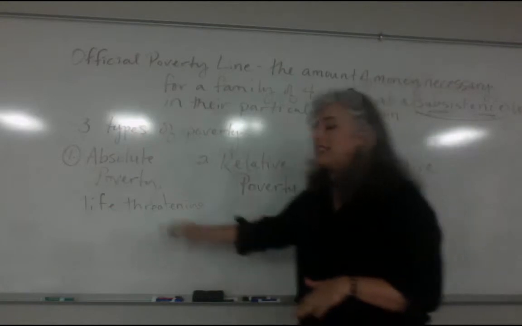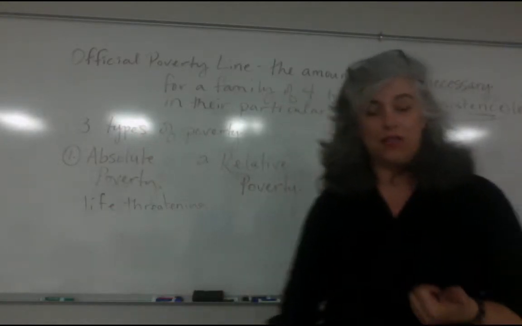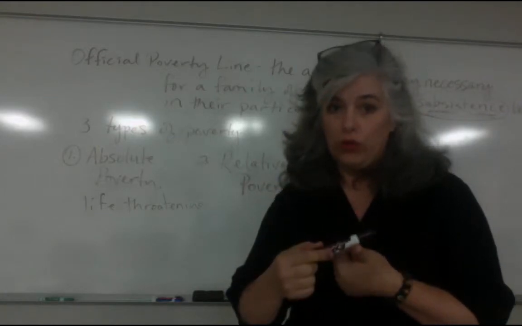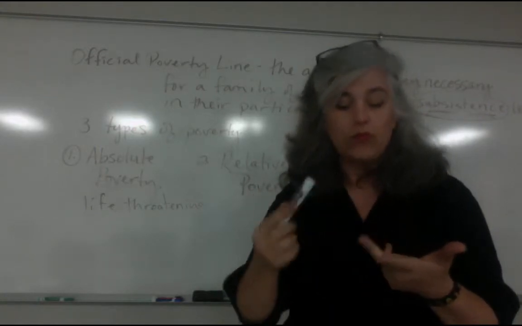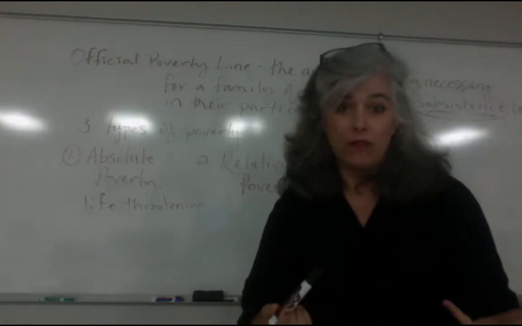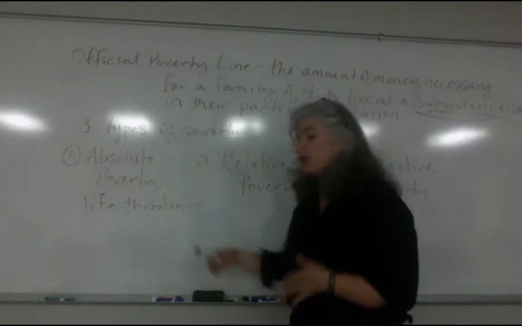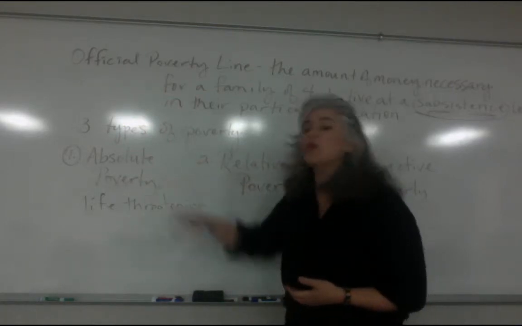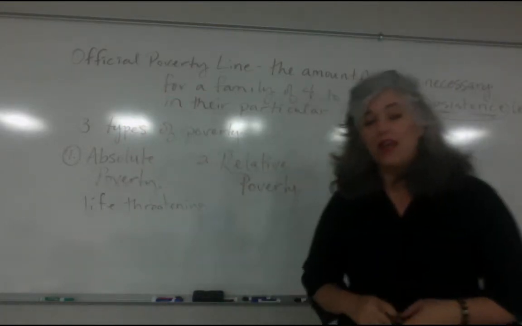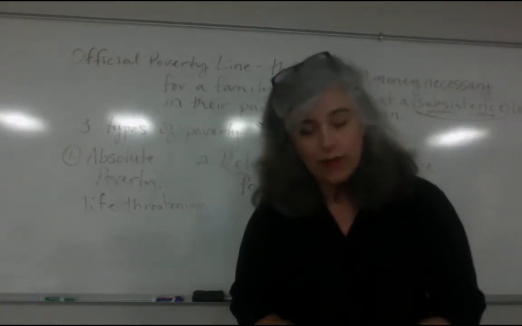Your life is in danger because you don't have access to those things that we talked about: food, clean water, shelter, air that's going to keep you alive. So you're unable to provide those things to yourself or to those who depend on you. That is what absolute poverty is. It's a leading reason for death worldwide.